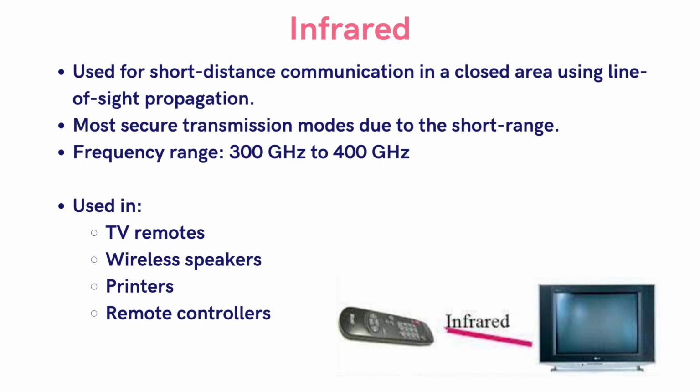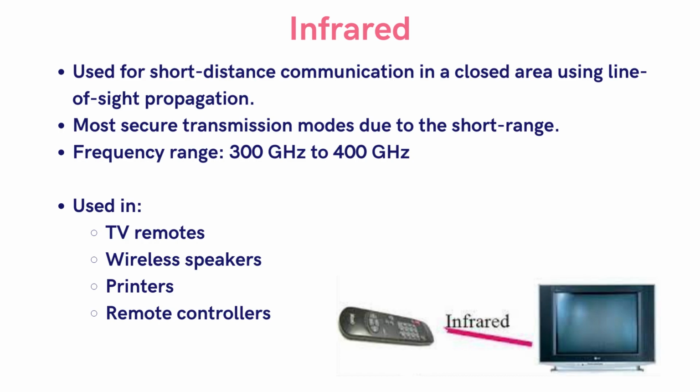Examples of infrared are TV remotes, wireless speakers, automatic doors, printers, remote controls, wireless mouse, keyboards, and other handheld devices. So, with this, we are done learning about unguided transmission media.